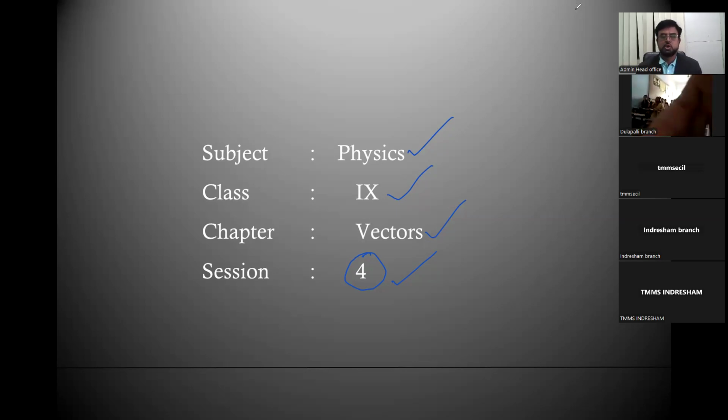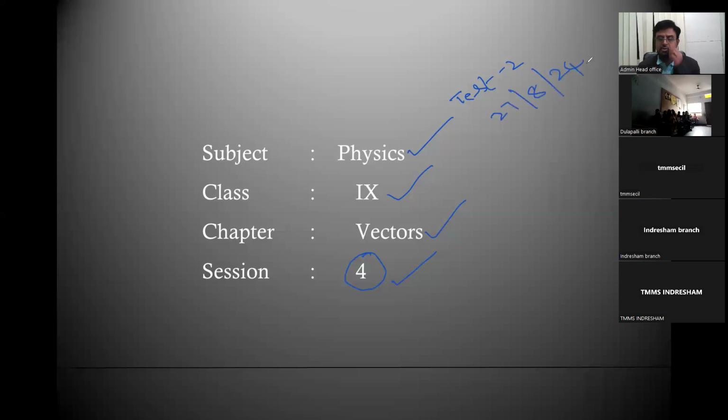Okay. Before that, a reminder for you about test 2. The second IIT test is scheduled on the 27th. It would be the 26th, but 26th is a holiday, so the exam date is 27 August, that is on Tuesday. Papers are already dispatched to the branches.